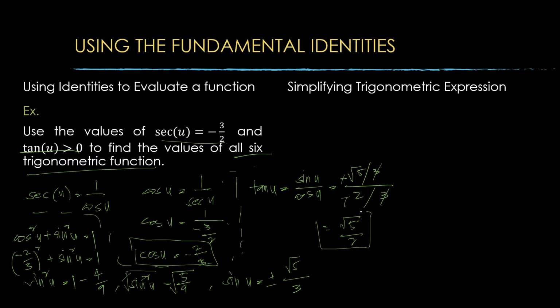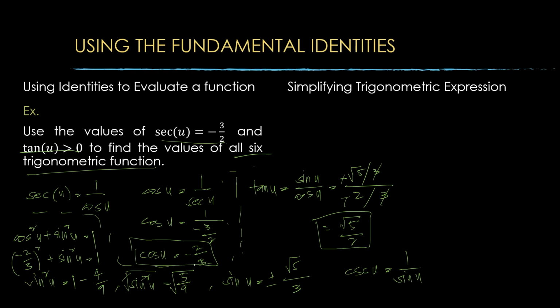So you now have the value of your tangent, your cosine, and your sine. If you take the reciprocal of all of these trigonometric functions, you'll get secant, cosecant, and cotangent. Since we already have the value of our secant, let's try to find the cosecant. So what is our cosecant of u? That is 1 over sine. Cosecant of u is equal to 1 over sine of u.